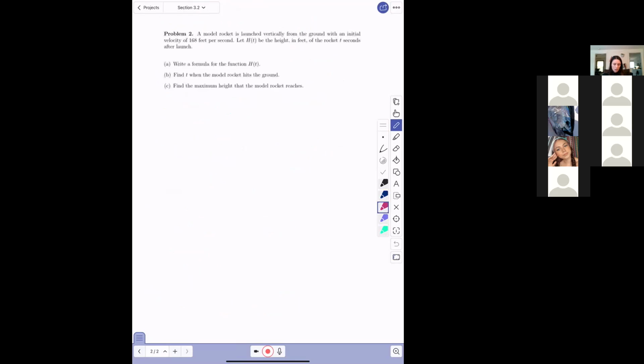Okay. Problem 2. A model rocket is launched vertically from the ground with an initial velocity of 168 feet per second. Let h of t be the height in feet of the rocket t seconds after launch. In order to do this problem, you had to have looked in the textbook, and I'm sure it's in the lecture videos as well.